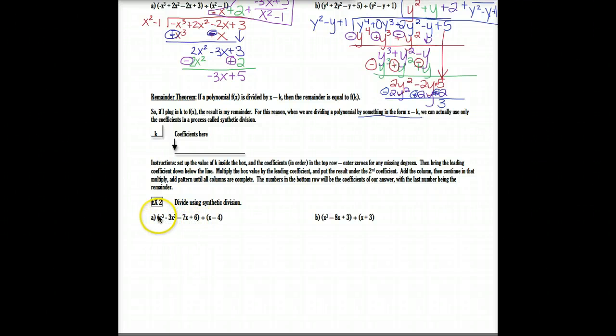Those coefficients, it's 1x cubed, negative 3x squared, negative 7x, positive 6. The coefficients there are 1, negative 3, negative 7, 6. Those numbers you're going to put in a top row. So I'm going to go ahead and illustrate this with the example because just the words doesn't usually make a lot of sense until we see it in action. So in your box goes your k value.